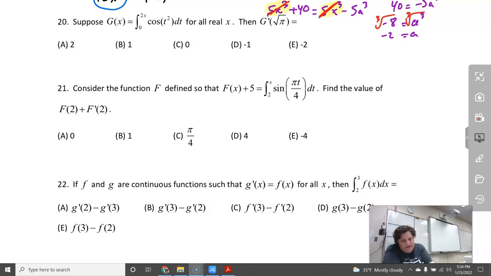So again, when I see an x, t, dt, it makes me think second fundamental theorem of calculus. This is telling me to find g prime. G prime means derivative. The derivative of an integral is, we put this in here.